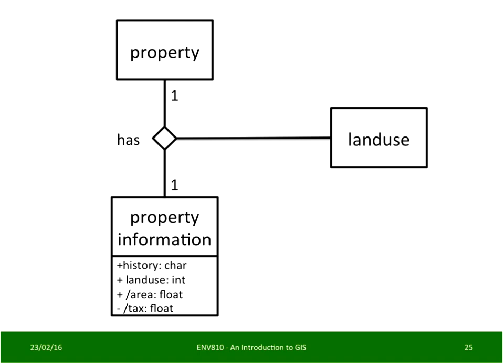Your property information would have the history, which would be a string value. The string would give a little statement about Jan, who used to own this land, and then he sold it to Piet, and then Chris bought it from him, etc. The land use is the integer in this case. The reason for this is that in your land use class, you would list different types of land uses.